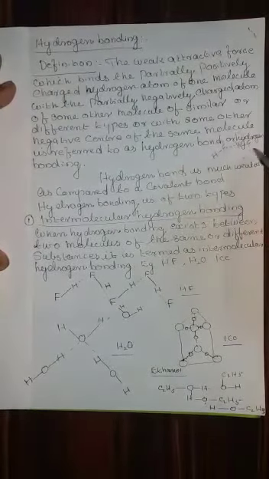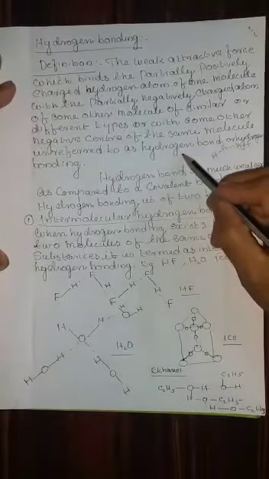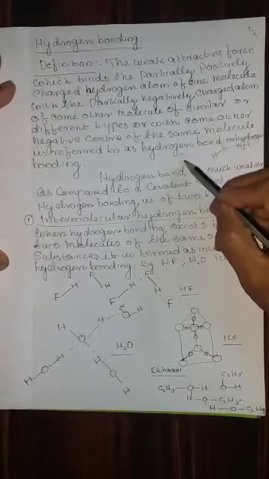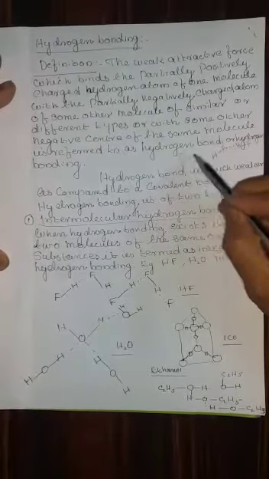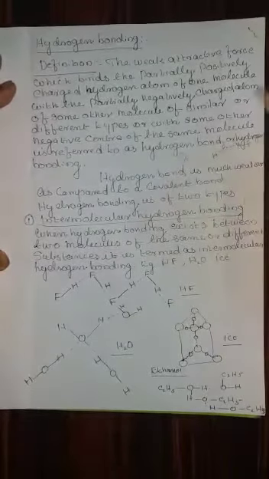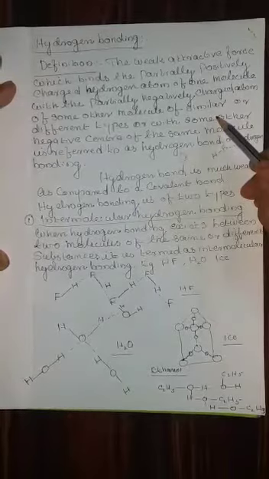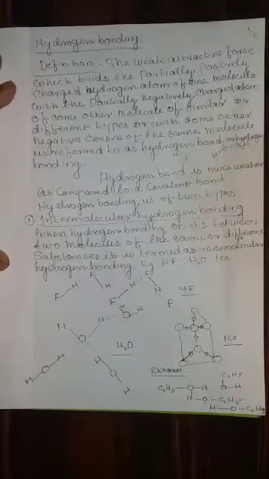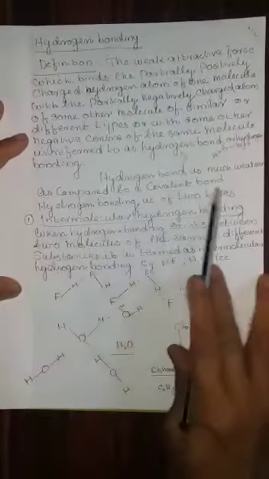No need of another molecule. A molecule can form hydrogen bonding just like a benzene ring. That is the second class, we will explain that. That means within the molecule hydrogen bonding can be formed, or with another molecule hydrogen bonding can be formed. That is, hydrogen bond is much weaker as compared to a covalent bond.